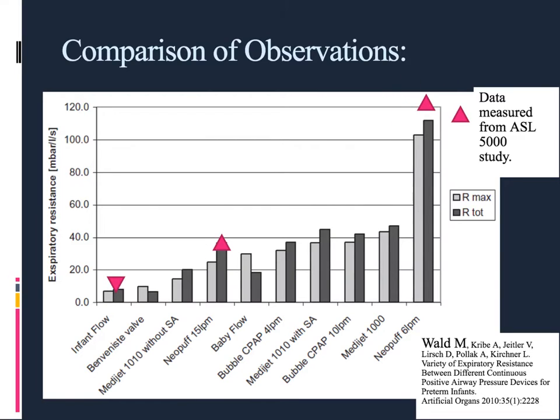Our data closely resembles the data that Wald also discovered. So we seem to be very close in our measurements, compared to the slightly different methodology that he used. So you can see we've got high resistance at the low driving pressures, dramatically reduced at the higher driving flow rates, and we'll show you some data from the infant flow or the CPAP ventilator.